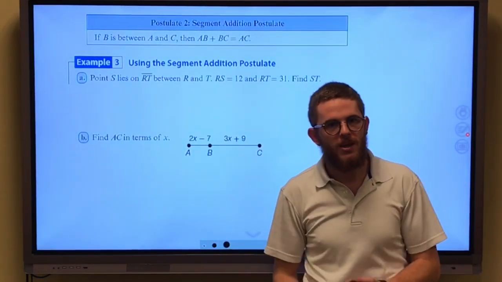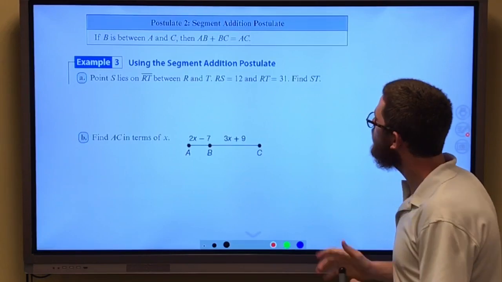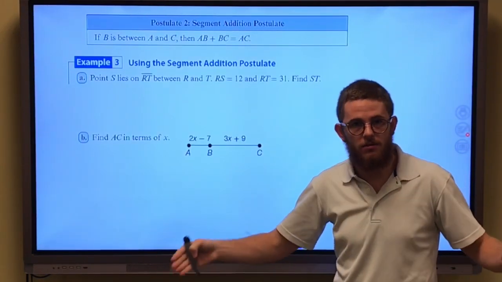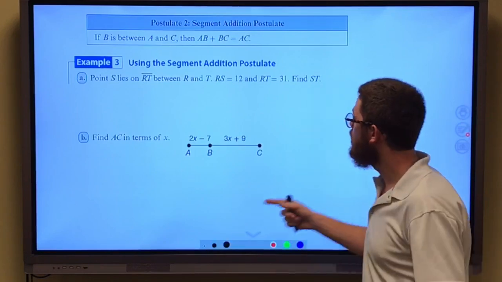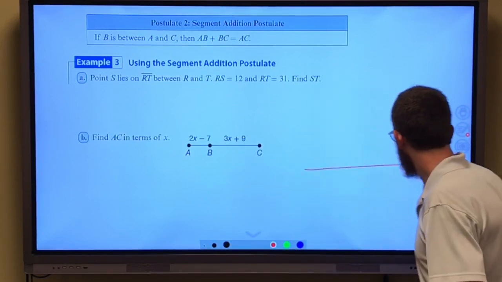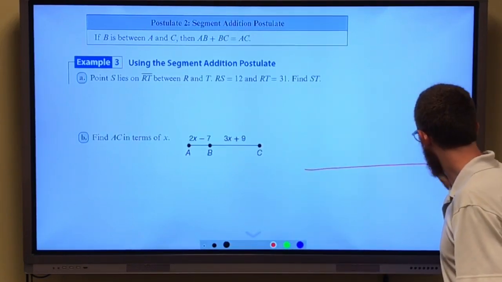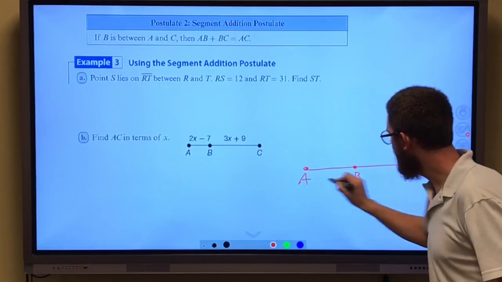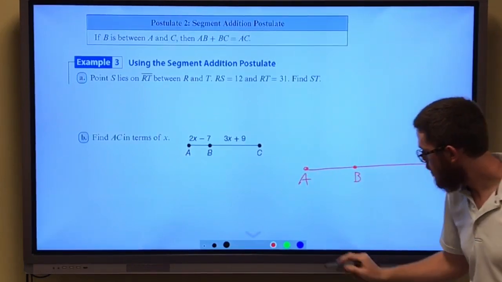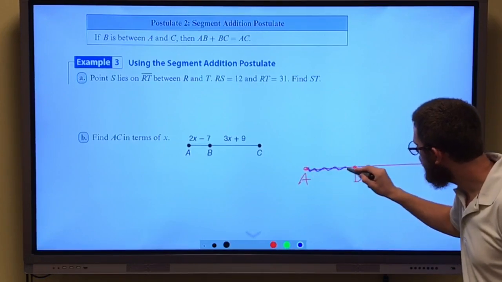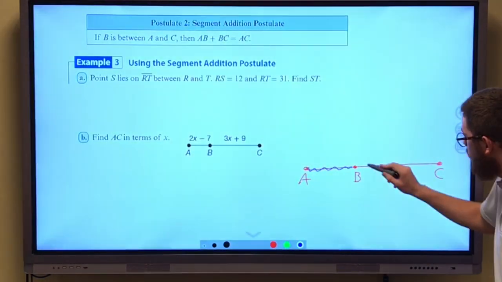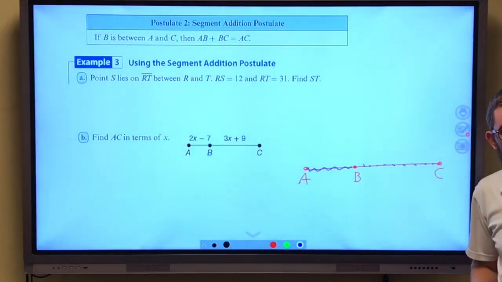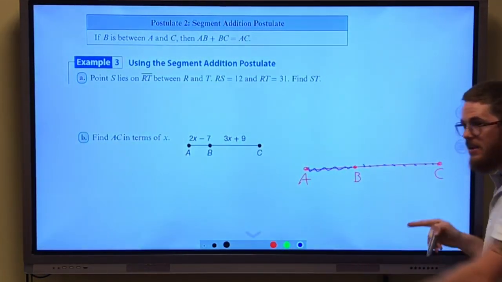Postulate number 2, the segment addition postulate. Again, something that should make sense to us. The segment addition postulate says if B is between A and C, okay, so B is somewhere between A and C, well, this segment AB plus this segment BC adds together to give us AC.